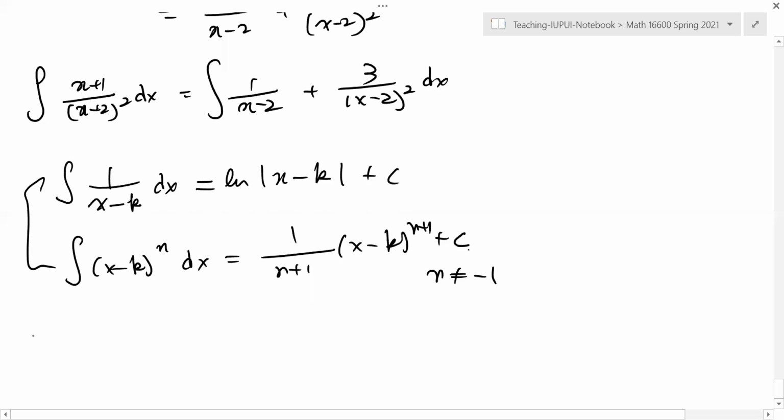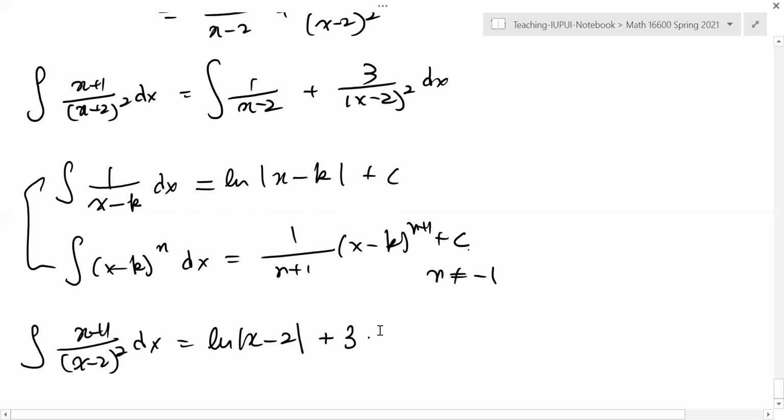So using the above two formulas, the integral of this function is given. First of all, it's given over x minus 2 and plus 3. I think n is -2. So -2 plus 1 and x minus 2 to the -2 plus 1, plus constant.